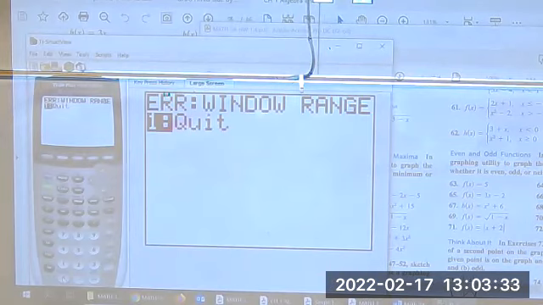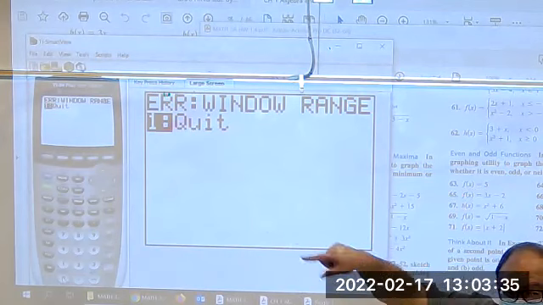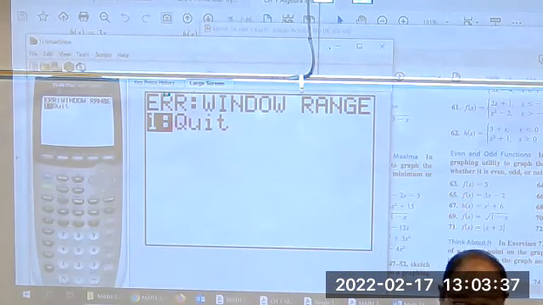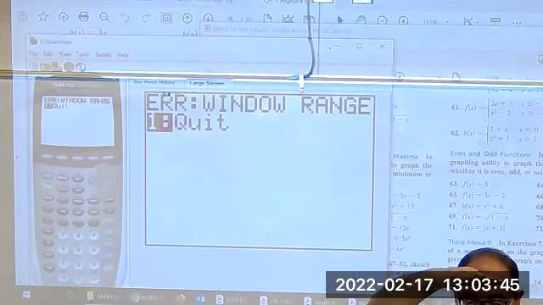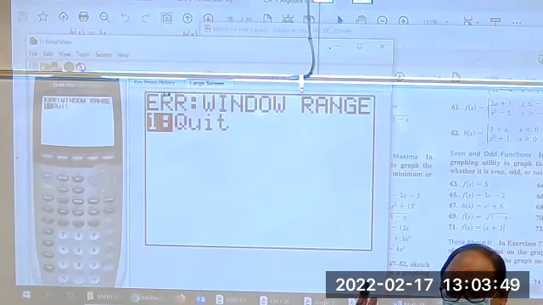because it says window range error. The calculator, when you do a zoom fit, it's going to arrange the window on the y-axis to give you a perfect y window that represents everything from the x min to the x max.